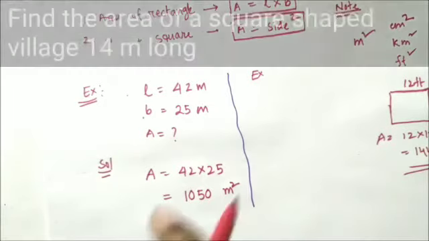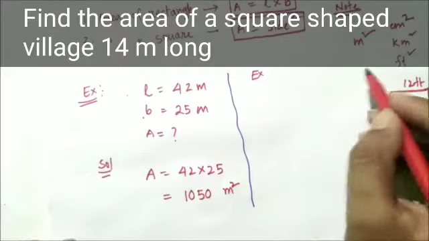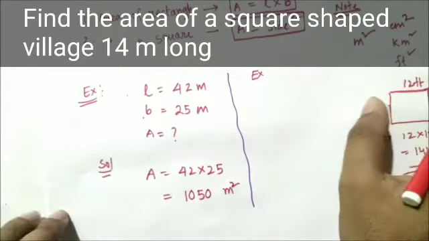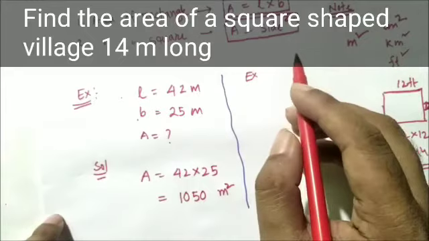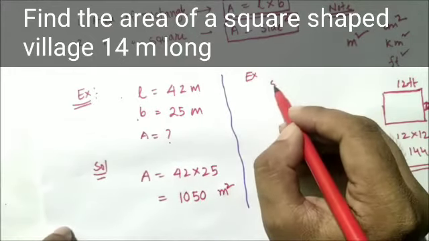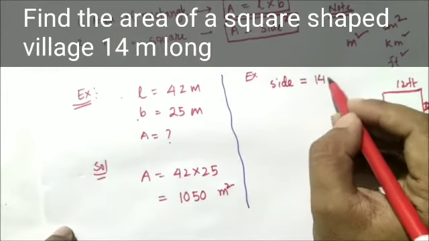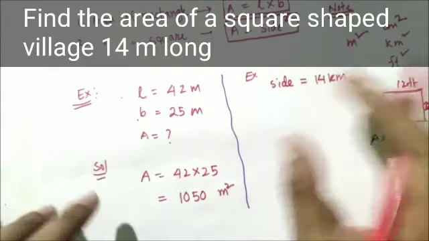Find the area of a square shaped village. The side of the square shaped village is 14 km long.